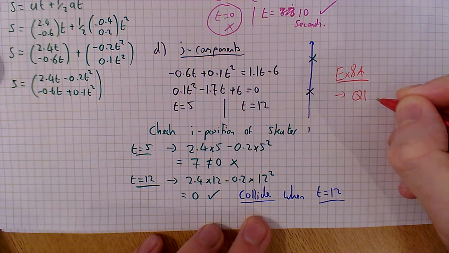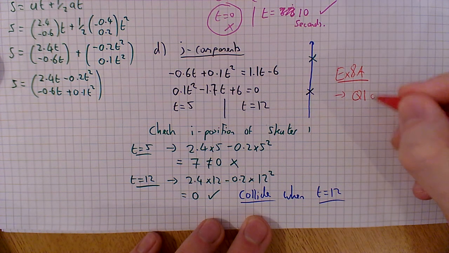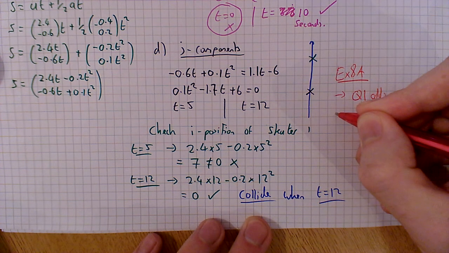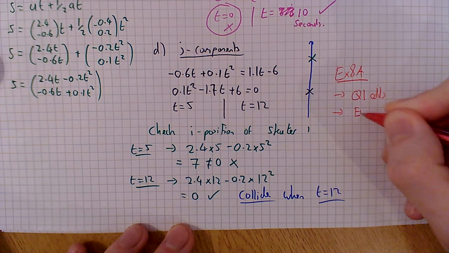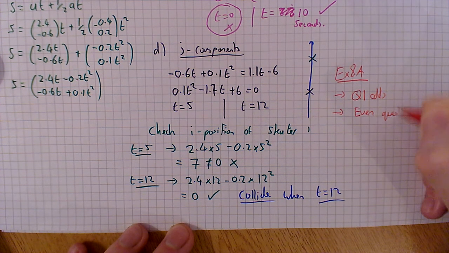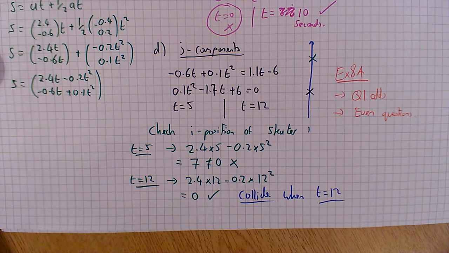I'm not going to do all of that, we're just going to do a few, so we'll do the odds from there, and then from that point onwards you can have a go at the even questions after question 1 odds. They're all going to be different, they're all going to have that element of problem solving, but have a go, follow this one. I know this last one was a tricky example, but hopefully you understood it, and have a go and see how you get on.